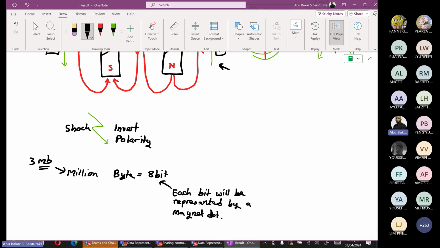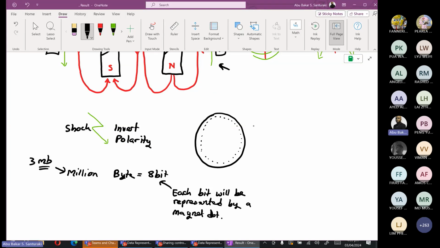So if you look at your magnetic hard drives, your magnetic hard disk, they look like disks, they are round, and they have all these dots of magnetic material, very tiny dots, and each magnet can hold 1 bit of data.